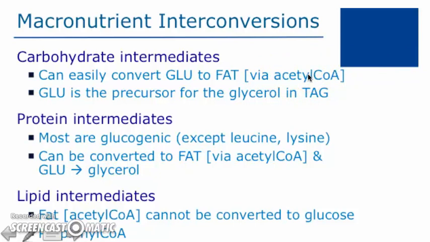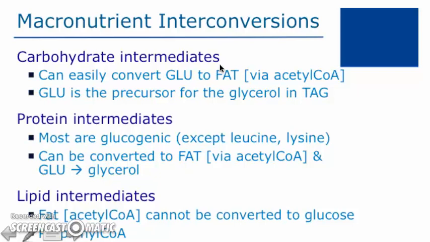To form triacylglycerols, the glucose can also be used as a precursor to the glycerol backbone, so glucose can form both glycerol, and glucose can form acetyl-CoA, which can then be converted to malonyl-CoA, and then a fatty acid.